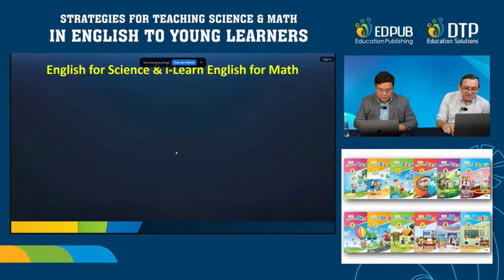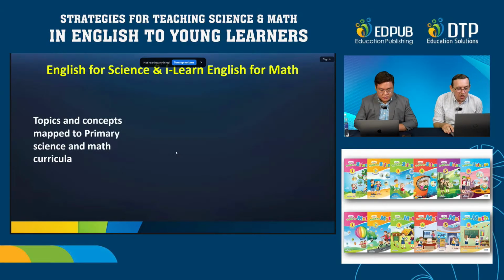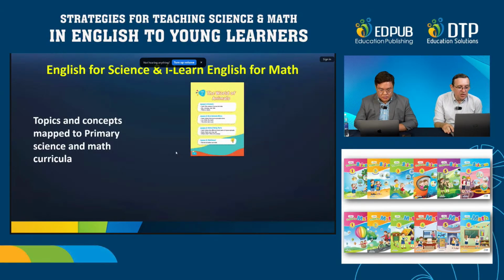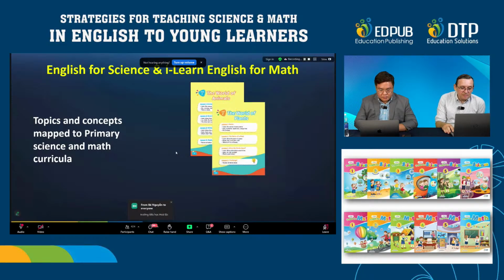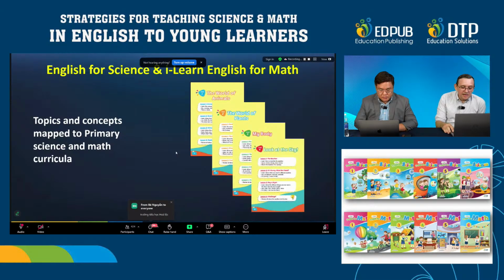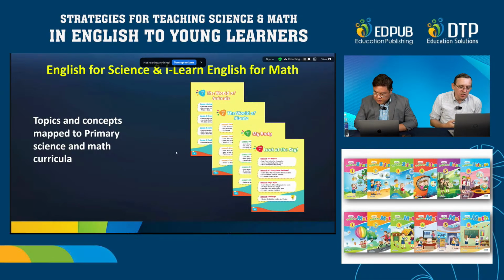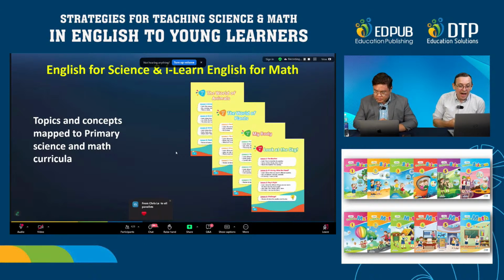What we've done is we've mapped the topics and concepts to the primary science and math curricula, with the idea that students are learning about concepts that they've already learned in their native language, so that the concepts are not too challenging to them when they're faced with it in English.